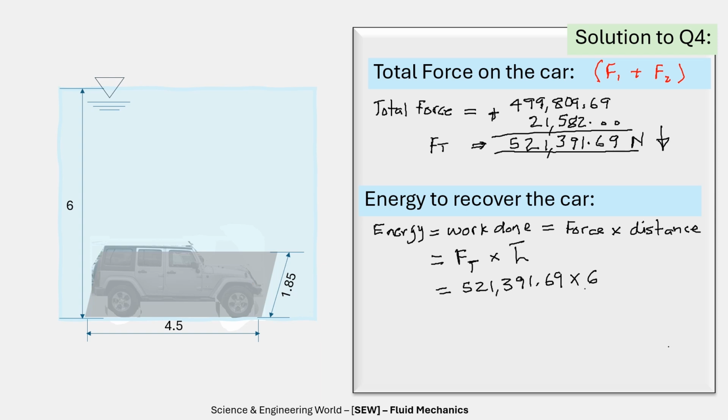Putting this in the calculator, we have 3,128,350.14, and that gives us a unit of Newton meter, which is the same as joules.